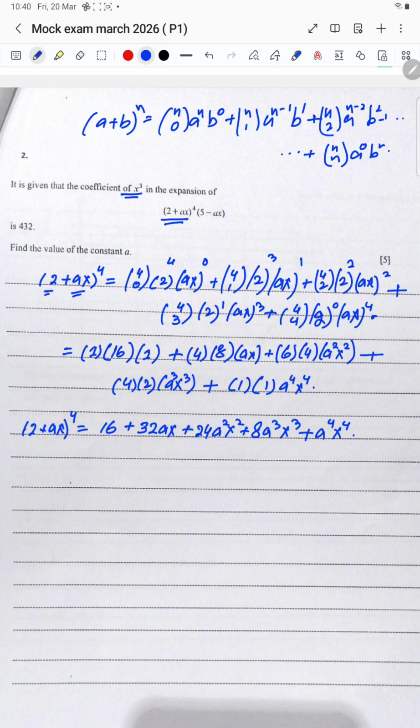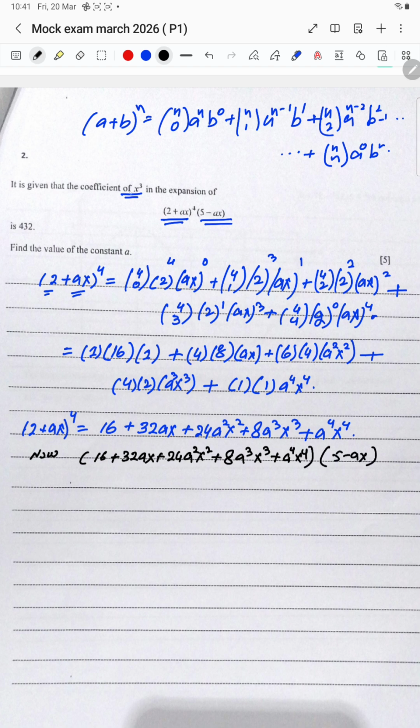Now we need to multiply this expansion with the next term, that is 5 minus ax. So now we will write this expansion 16 plus 32ax plus 24a square x square plus 8a cube x cube plus a^4 x^4 times 5 minus ax.